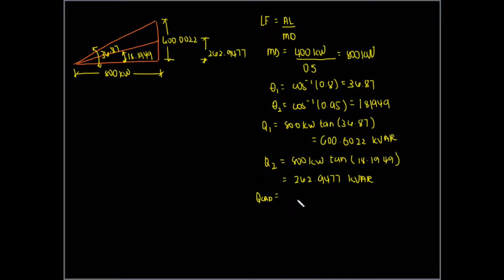then the Q offered by the capacitor is 600.0022 minus 262.9477, which must be 337 kVAR.